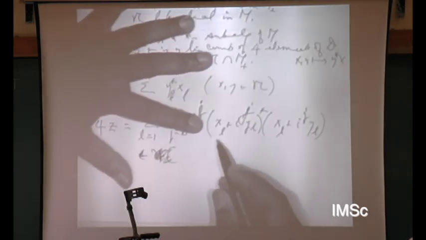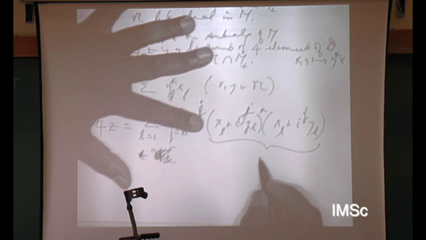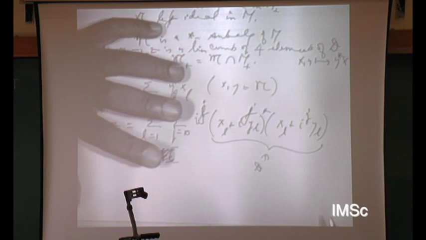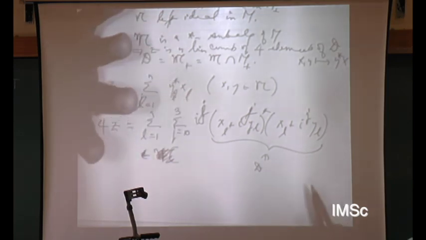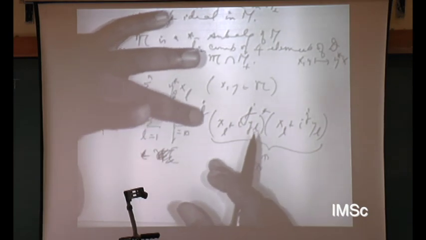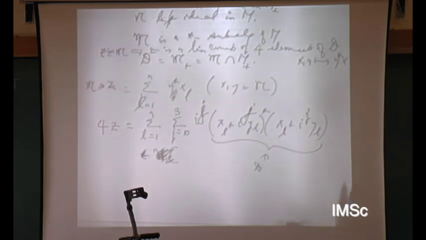You notice that each of these chaps belongs to D, because the x_l's and y_l's are in N, so the sum is also in N, so Z star Z has a finite phi value.